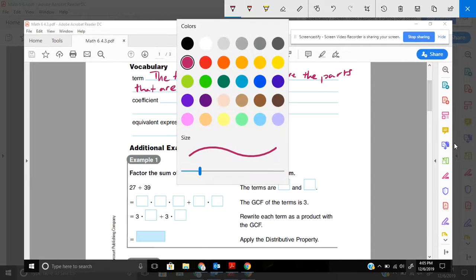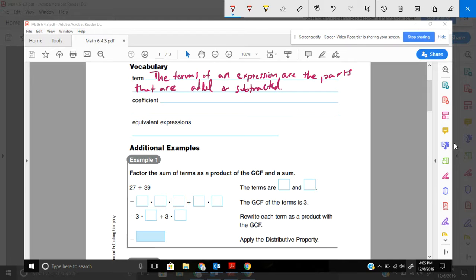For example, if I had x plus 3 plus 2x, this expression has three terms because I'm adding three different parts. I have an x, I have a 3, I'm also adding a 2x.